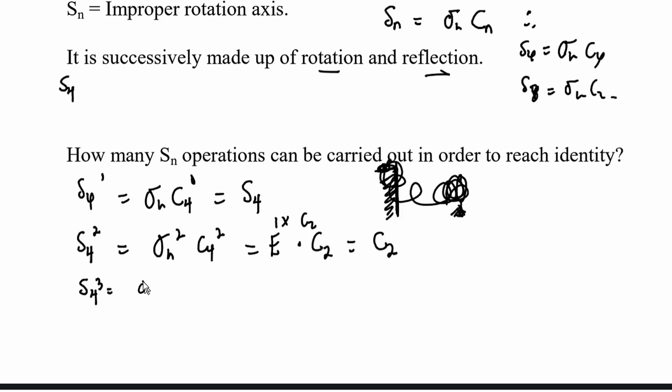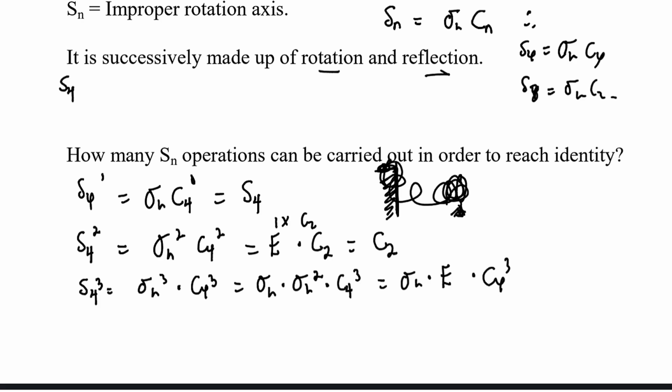So that's going to be sigma H3 and then C43. So this will give us sigma H and then sigma H twice and then C43. So this will give sigma H and we're going to have identity, and then because this is twice, we're going to have C43 here.